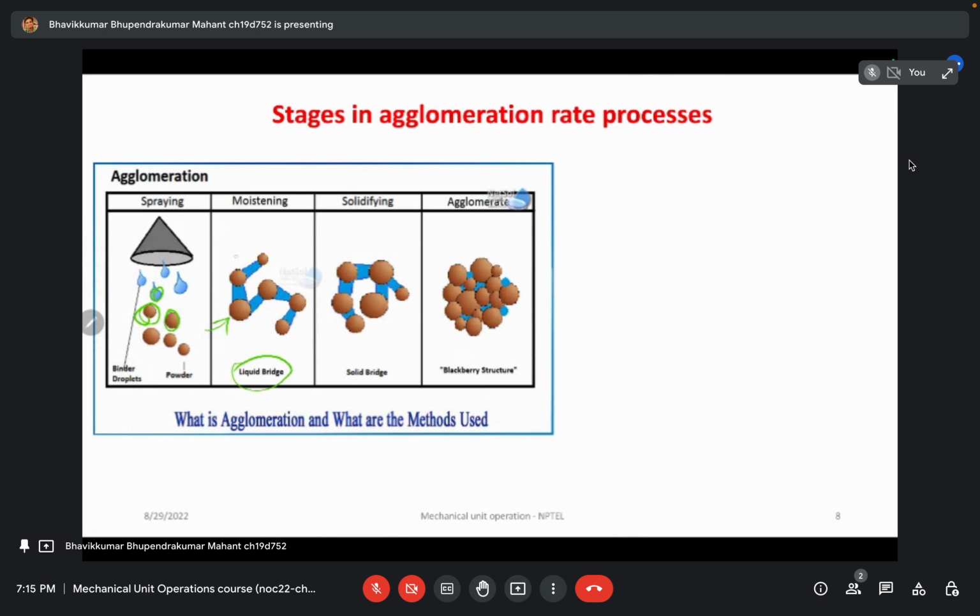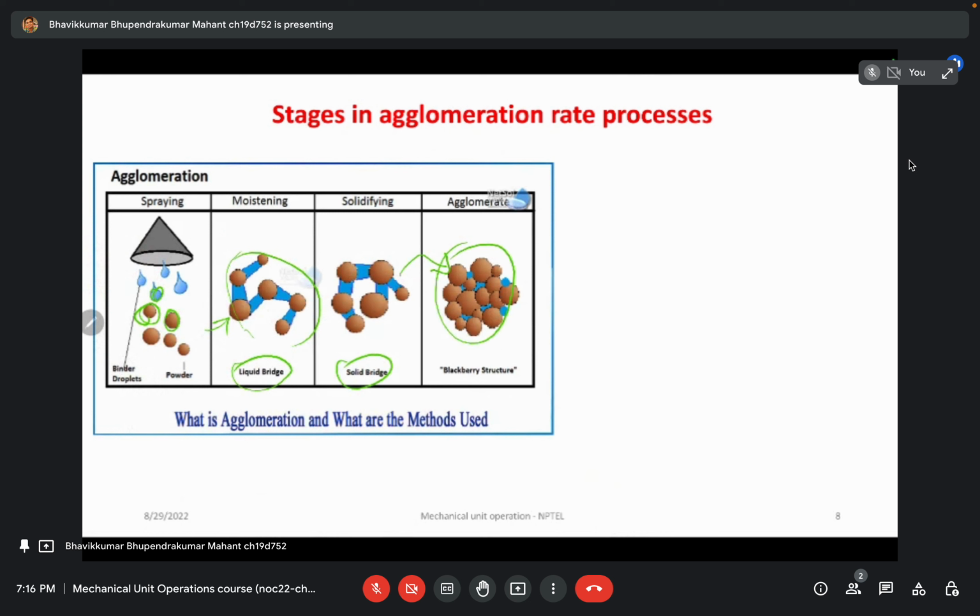the liquid bridge. By using that, we can moisturize our fine particles, and that moisture can eventually solidify, and that can also be known as a solid bridge. The solidified portion can at the end convert into agglomerates. So at the end we get agglomerates of the solid fine particles.